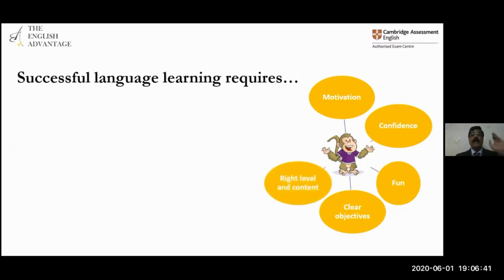The right level and content. When I say the right level and content, am I at the level where I want to start from here? Unless we are giving you language at the level that you are, I could be teaching you anything and it may not make sense. We have got to find the right level and the right content.